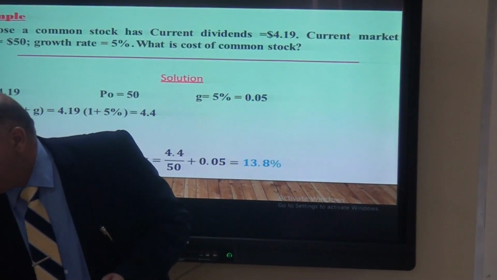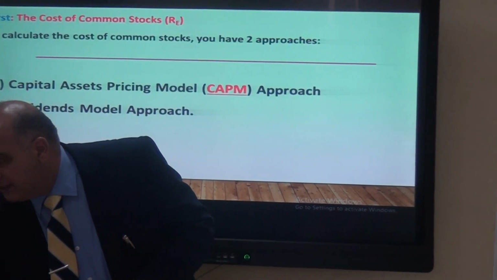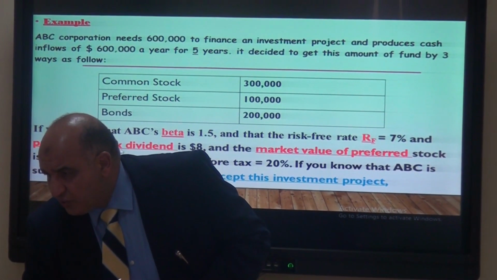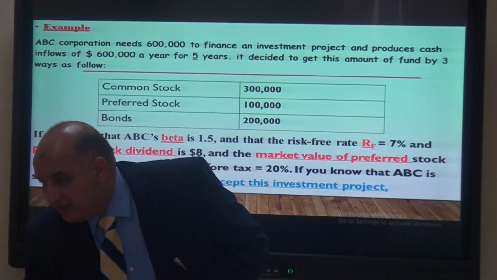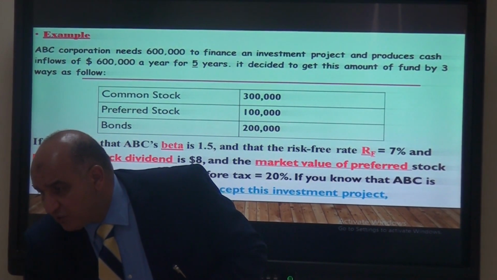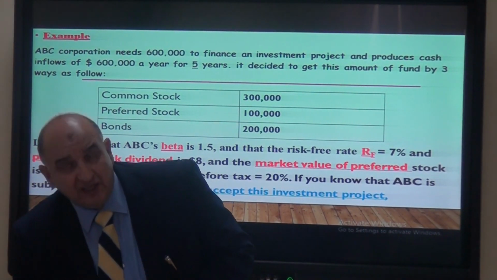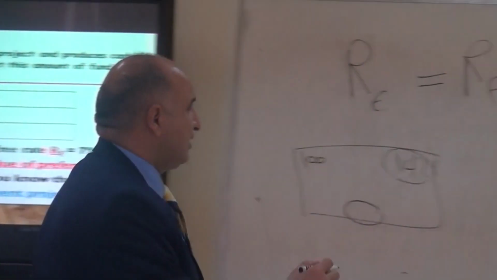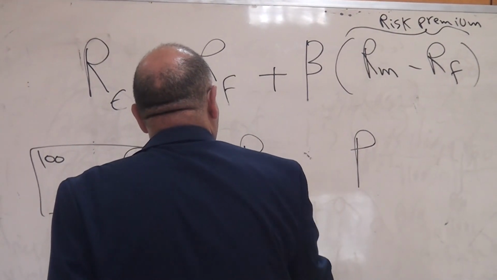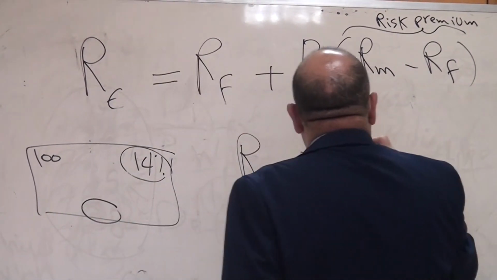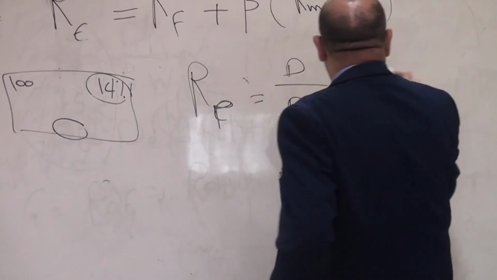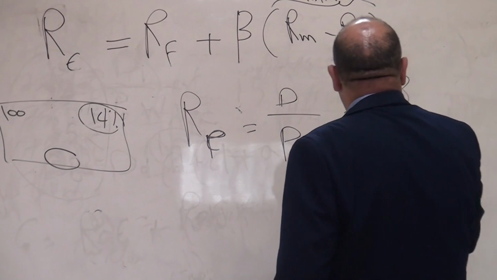According to our example, he said that the preferred stock dividend is $8, and the market value of preferred stock equals how much? 50. So the cost of preferred stock, RP, equals D divided by P naught, which equals 8 divided by 50.